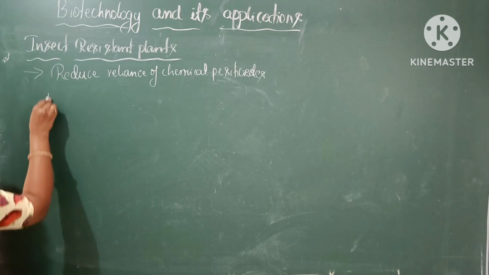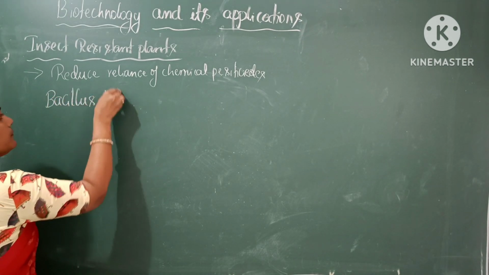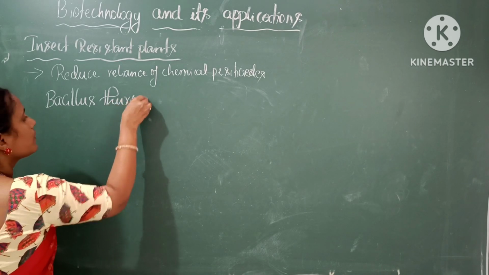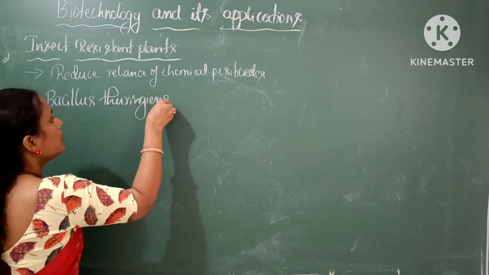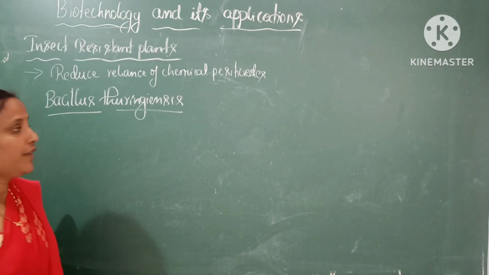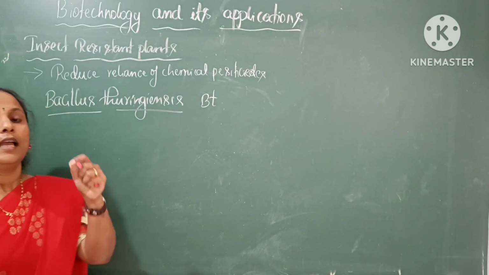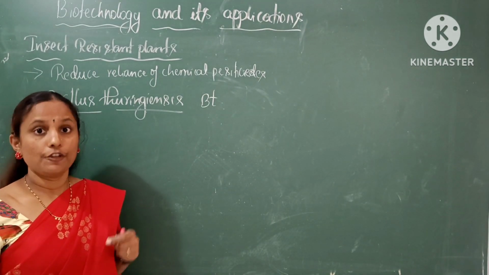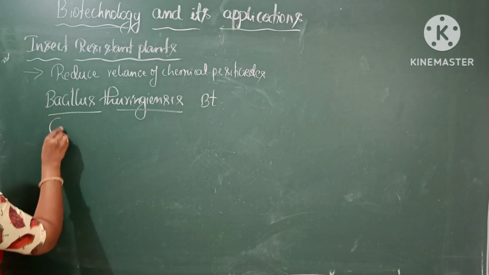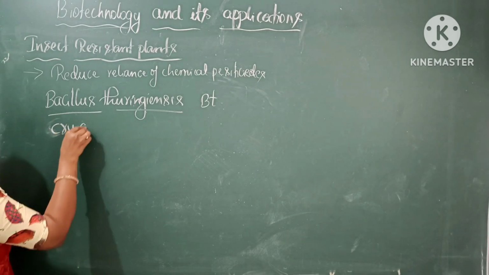A bacteria called Bacillus thuringiensis, in short we can refer to it as BT, has a set of genes called cry genes.